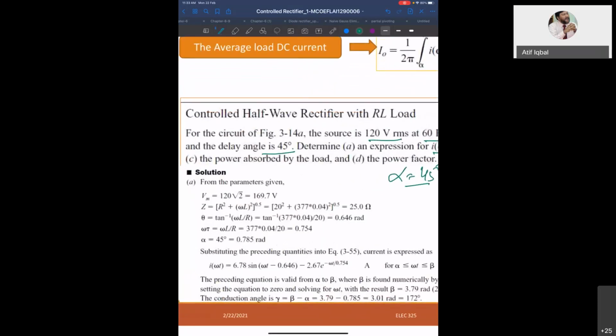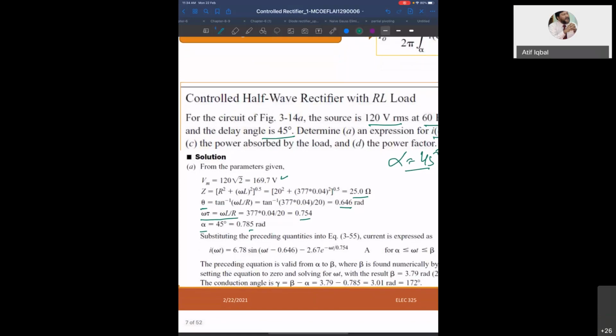Vm will be 120 root 2, the peak value. Impedance is the square root of R squared plus omega L squared, 25 ohm load impedance. Load angle is tan inverse omega L by R. And omega tau is equal to omega L by R. Alpha is given as this.